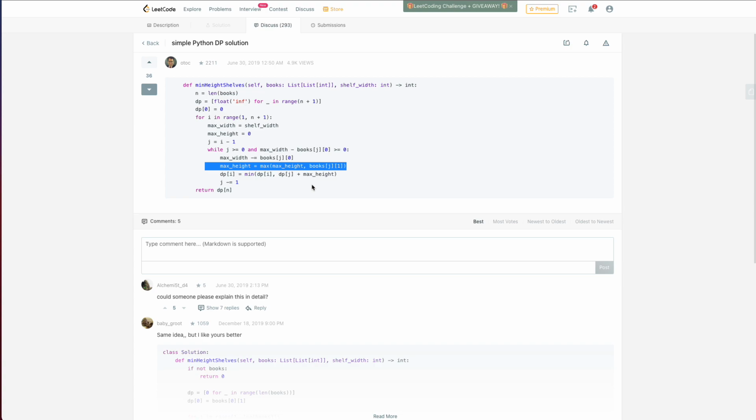It's a running counter that corresponds to J. So DP of I has some height, and if I look back J, DP of J has some height plus max height. So I guess this is saying I want to place it on a new shelf, and this is saying I don't want to place it on a new shelf.